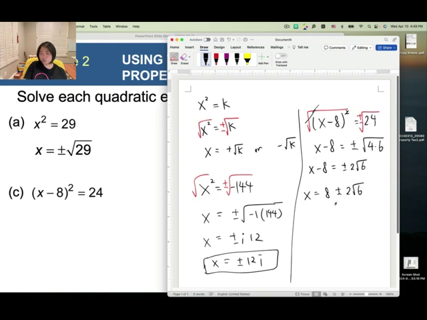We have 2 solutions here. Make sure you understand how to rewrite this: x equals 3 plus 2 square root of 6, or x equals 3 minus 2 square root of 6. So this is your solution.